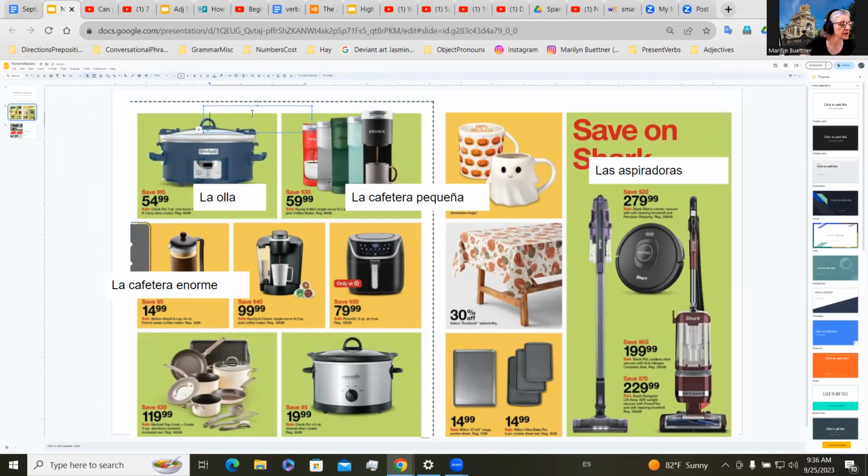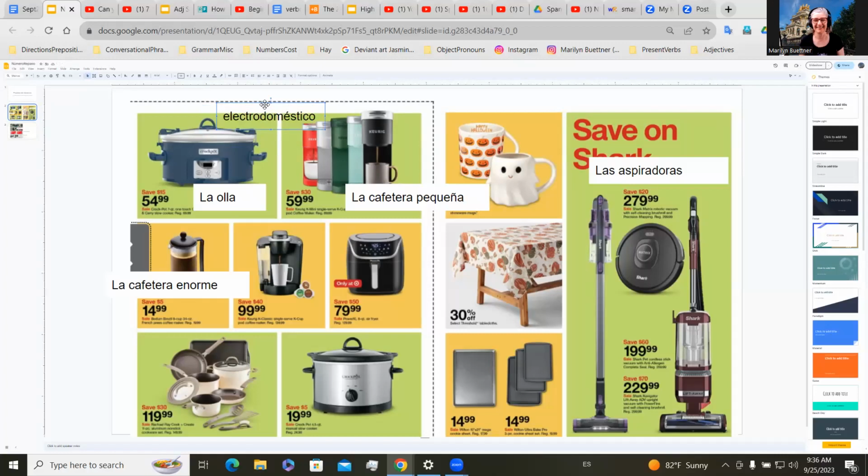Voy a escribir un electrodoméstico. Es un electrodoméstico. Look at what's built into that. Electro tells you it is electric. Okay. Doméstico, for the home. For the home. Okay.